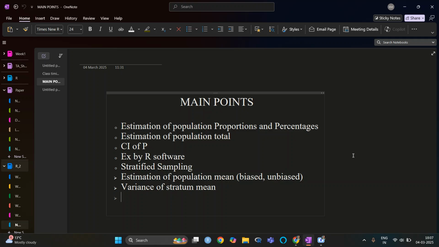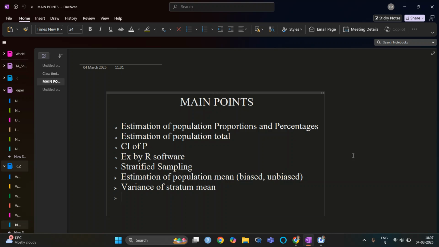Okay, so moving to the main points. In the last class, we ended with the estimation of population proportion and percentage, and we will start from there only. Next we will see the estimation of population total in terms of proportion.